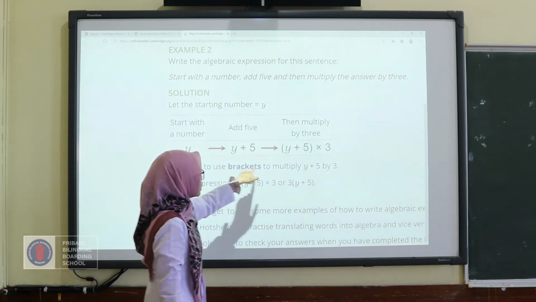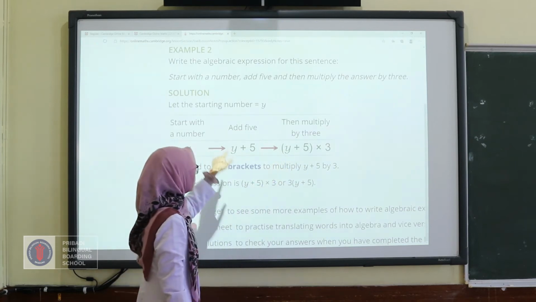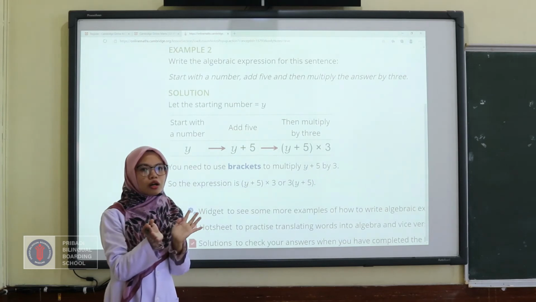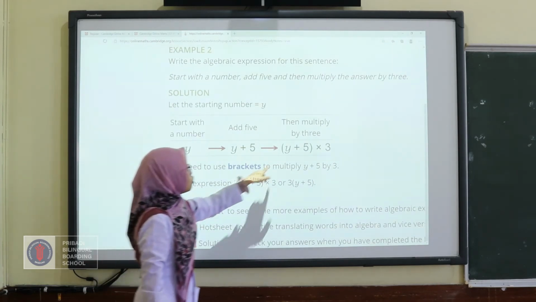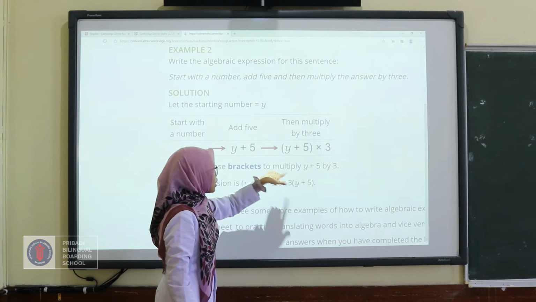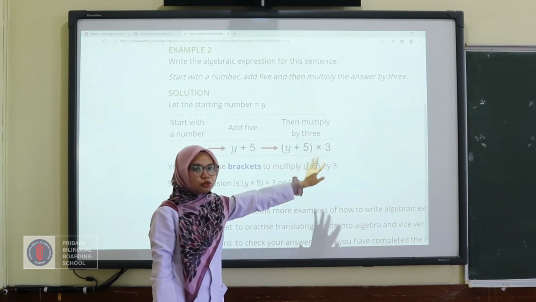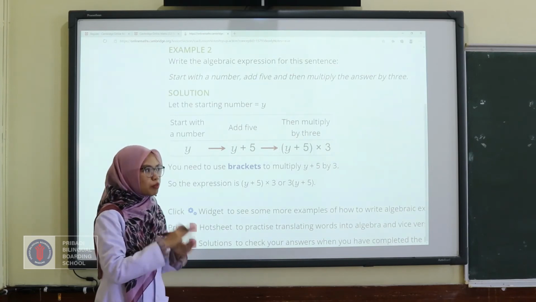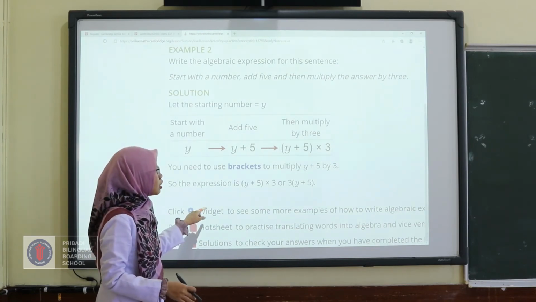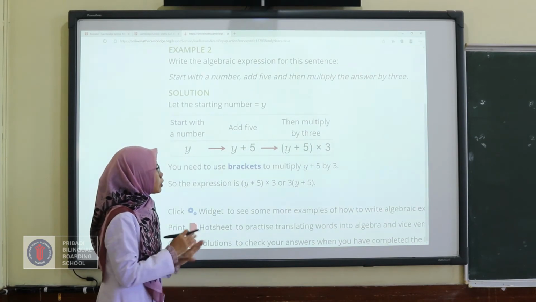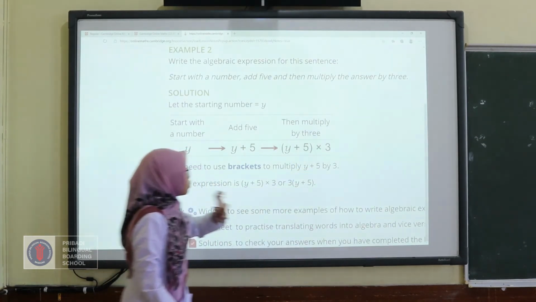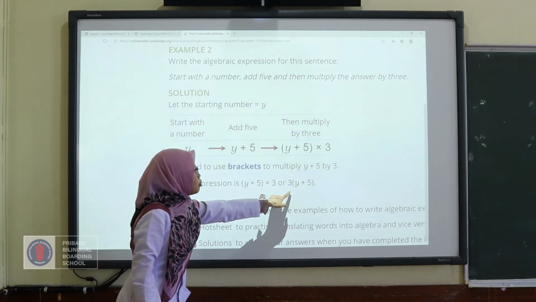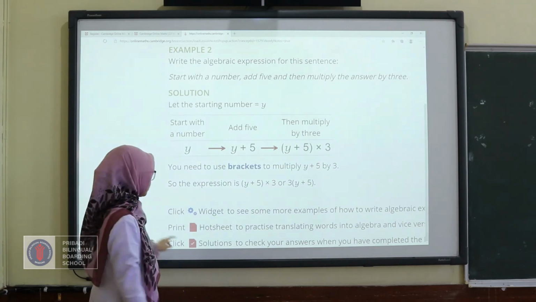Now don't forget, if you multiply by 3, because the first operation is addition, you have to put a bracket for y plus 5. So, in the bracket, y plus 5 times 3. In algebra, the multiplication sign shouldn't be written. So, we can write it as 3 times the bracket y plus 5.